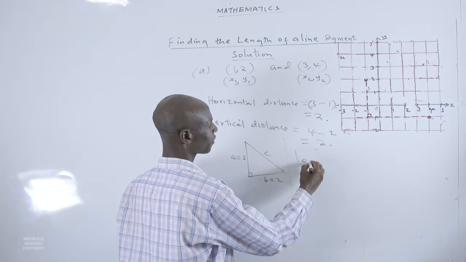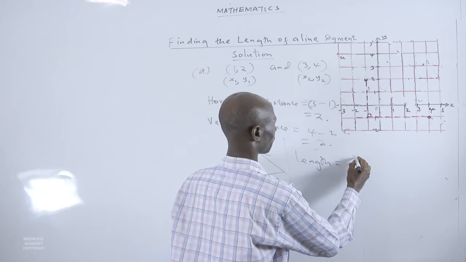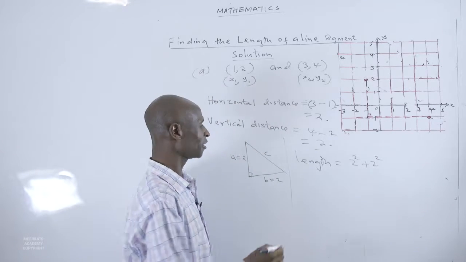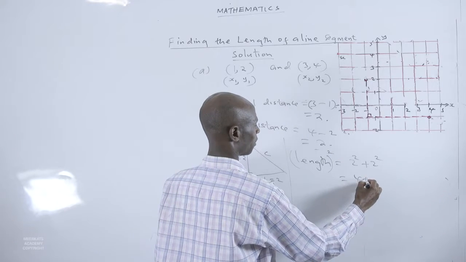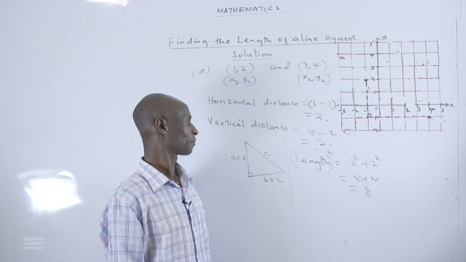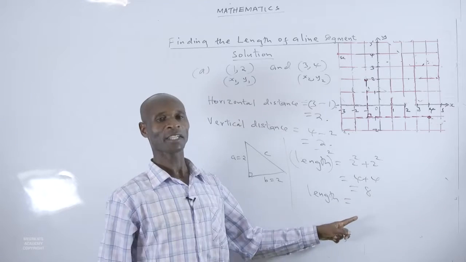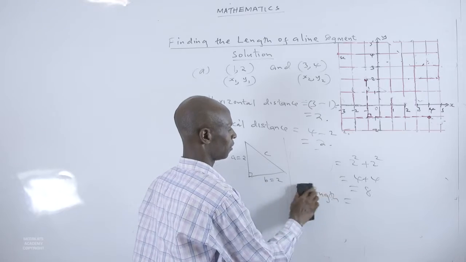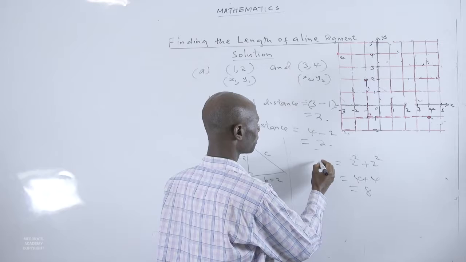So you can say length will be 2 squared plus 2 squared, which is equivalent to 8. And to get that length, let us use letter C for convenience at this point.